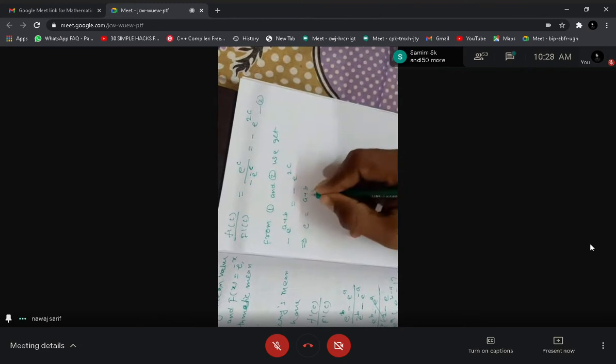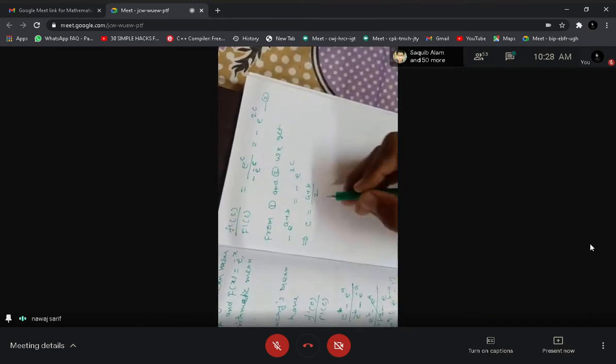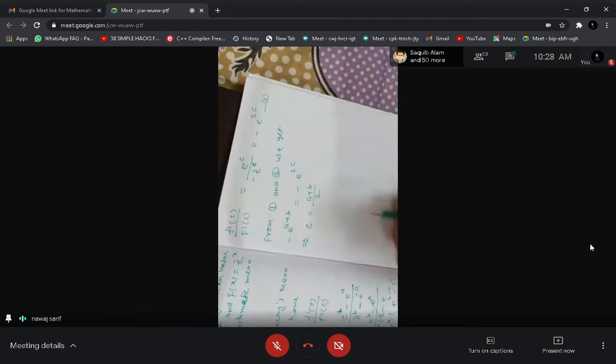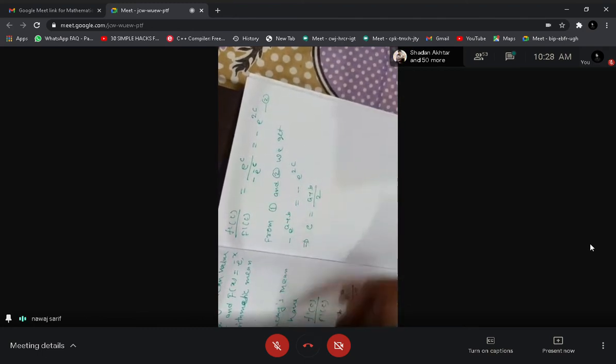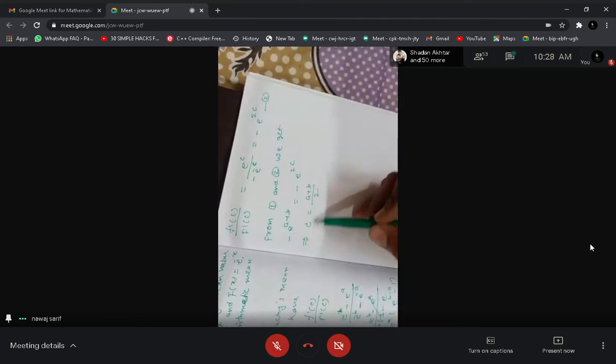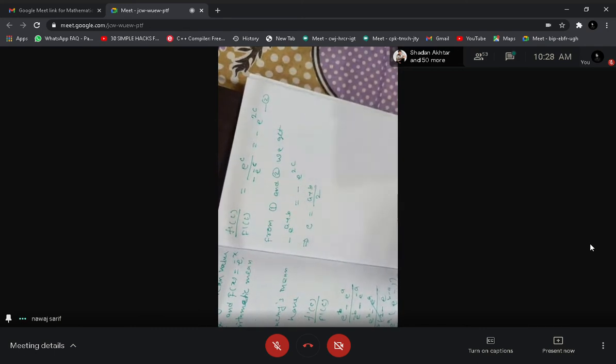This implies c equals a plus b upon 2. So we have to prove that c is the arithmetic mean between a and b, so c equals a plus b by 2. Understand? Yes sir, yes. Okay.